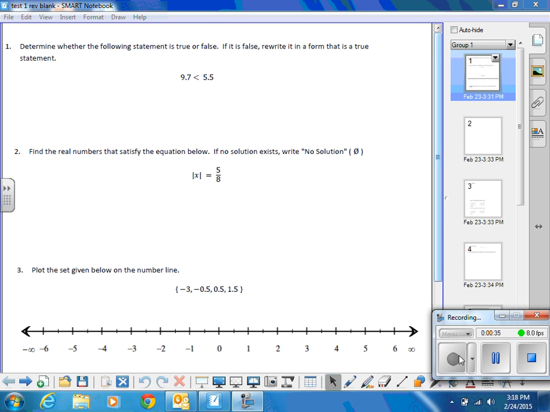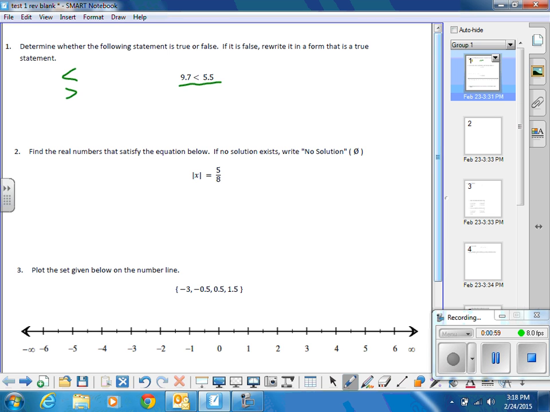The first question says, determine whether the following statement is true or false, and if false, rewrite it in a form that is true. What you have to know is that with these greater than or less than symbols, what they mean depends on where the numbers are standing in this arrangement to figure out if they're true. If it's in this way, this is saying that 9.7 is less than 5.5.